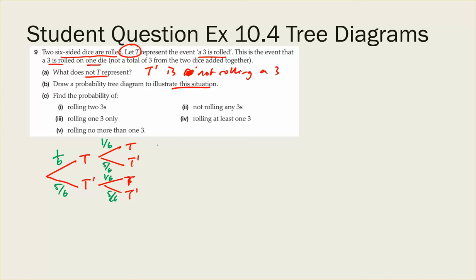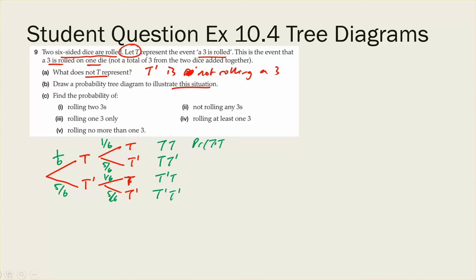Now I need to write my sample space, because it will help us a lot in the question. The outcomes are TT, T not T, not T T, and not T not T. It pays to work out the probabilities before we do the question, because it saves a lot of time.